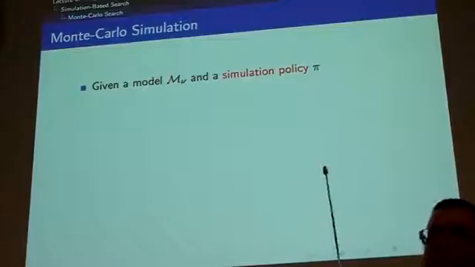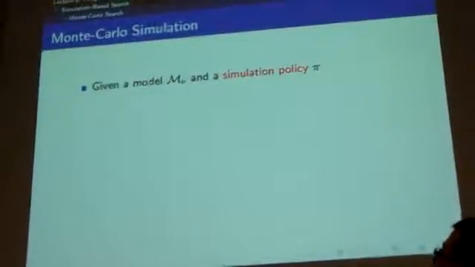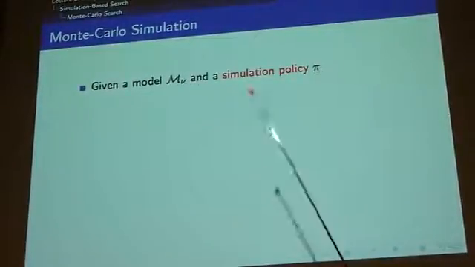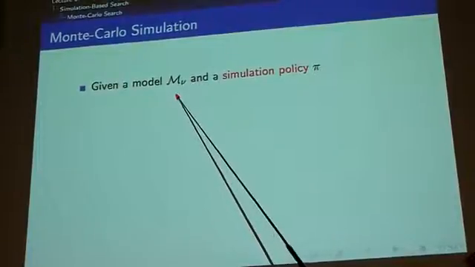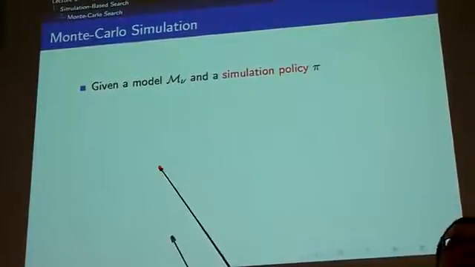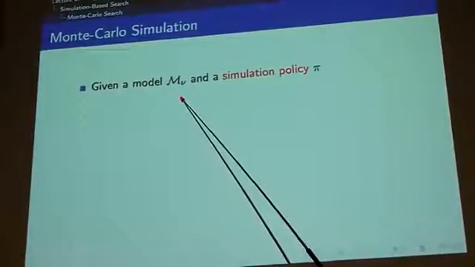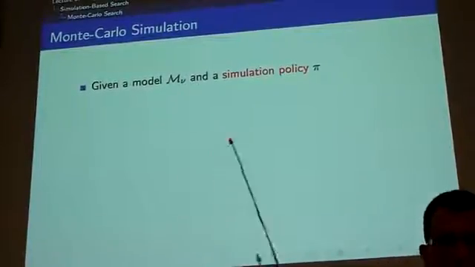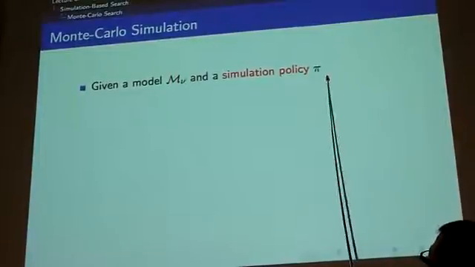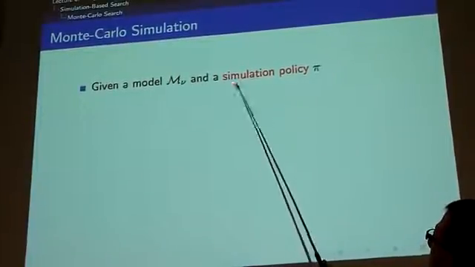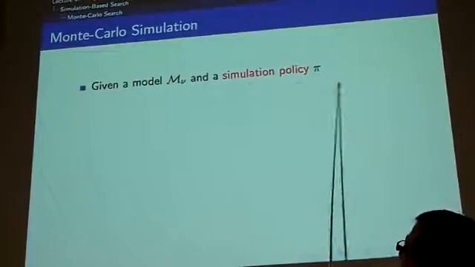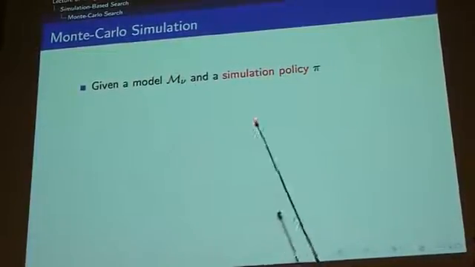Okay. So Monte Carlo simulation, first of all. Starting off with a model. This might be given to us for the purposes of this discussion, or it might be something we learned, so it's going to be an approximate model. And we're going to have some simulation policy now. For now, we're just going to assume that this is fixed, that someone gives us a way to behave.